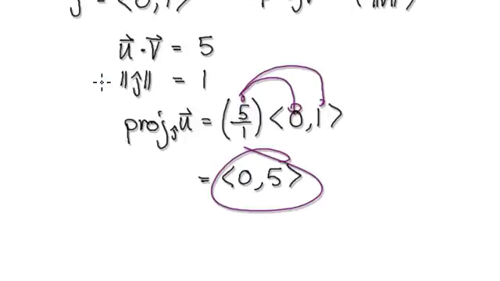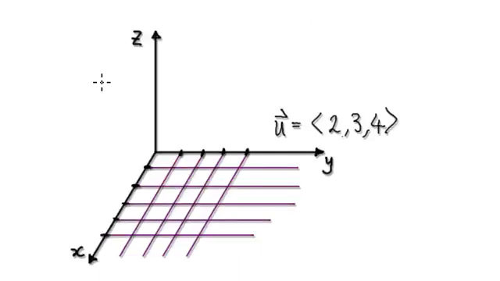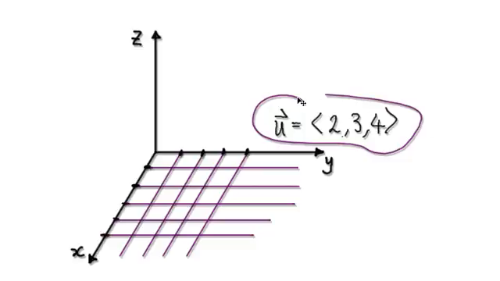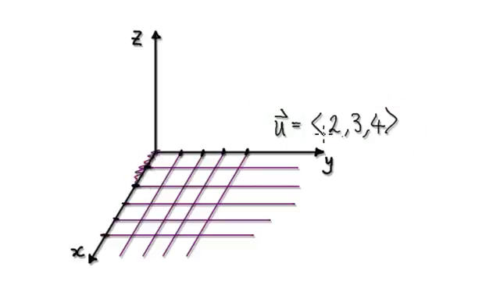So now let's extend it to 3D. In the future, you're going to have a weird vector like this. Let's say it's 2 across, 3 in the y direction, and then 4 up in the z direction. Let's just say it's here, so your vector is from here to here.